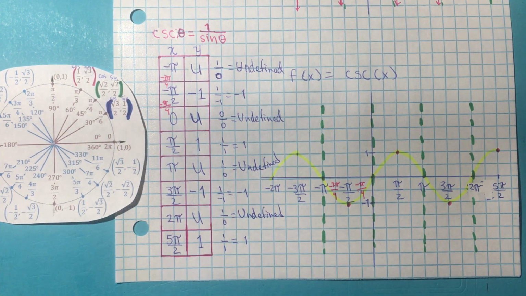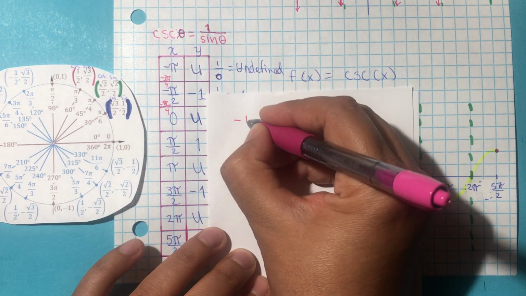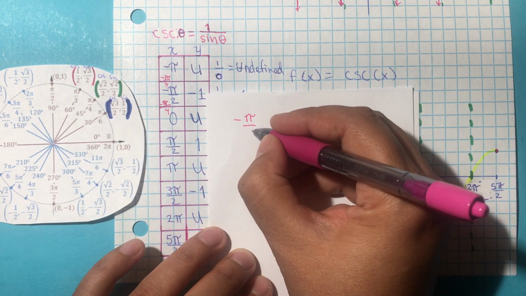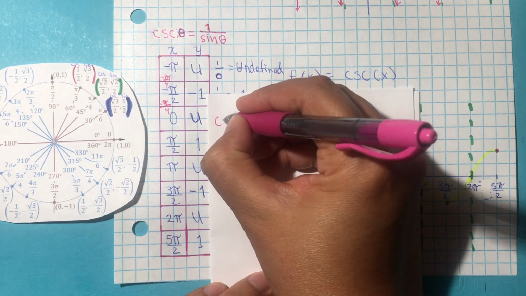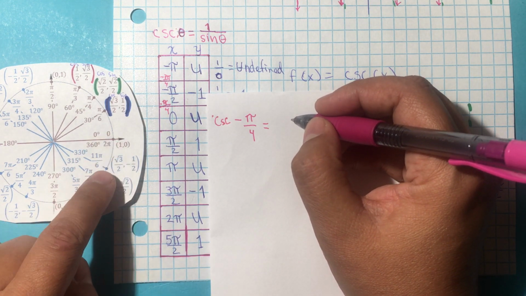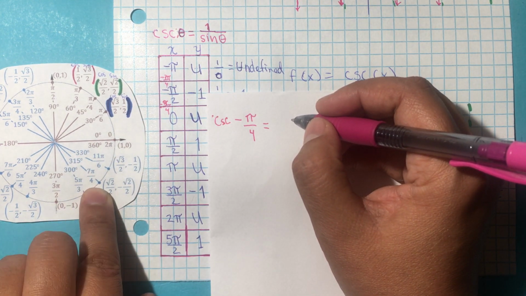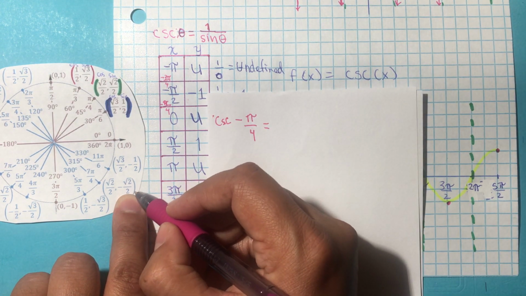Okay, so let's do negative pi over 4. And so the cosecant of that angle goes down here 1/4, and the sign will be negative square root of 2 over 2.